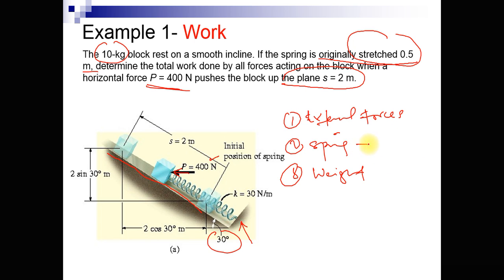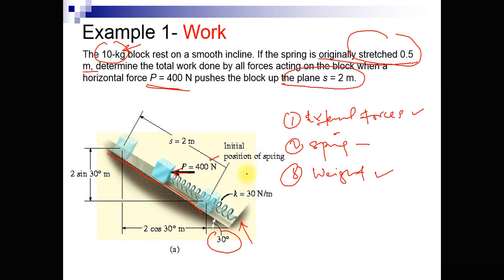The spring work is due to the expansion of the spring. The external force work is because there is an external force involved in this situation. Weight is due to the block having a mass of about 10 kilogram.